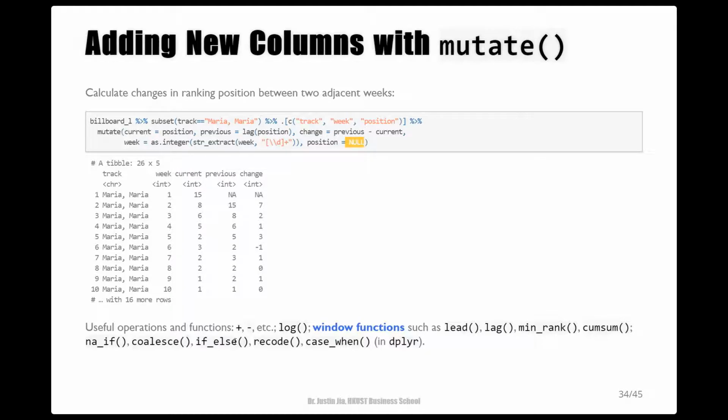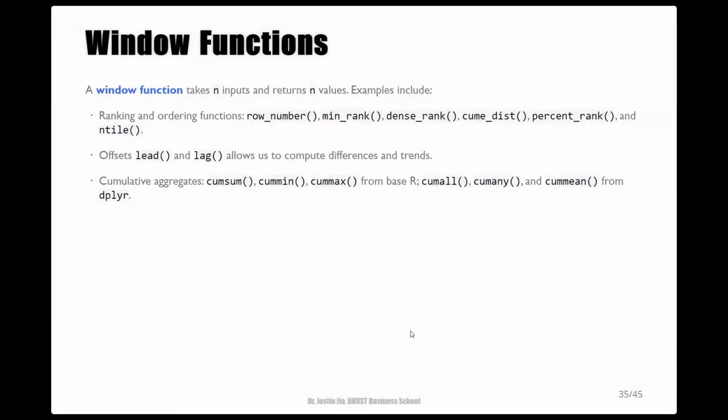Here are several examples of operations and functions that could be useful for creating new variables. Among them, there is an important type of functions called window functions. A window function takes n inputs and returns the same number of outputs.